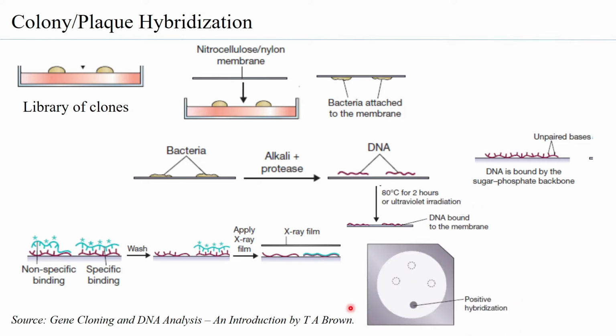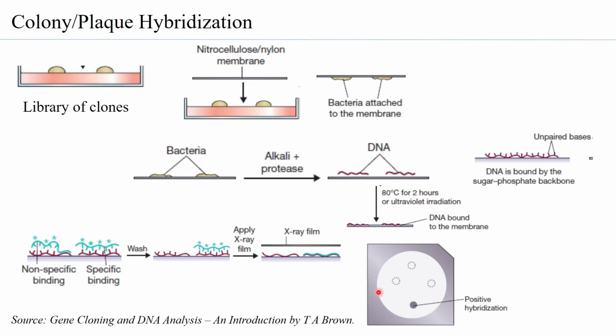So on an X-ray film, what you observe is that this is where the spot is formed. So out of the 4 colonies that are, say, present in the Petri plate, okay, now why do I say Petri plate? Because this nylon membrane is actually a replica of what is there on the surface of the plate.